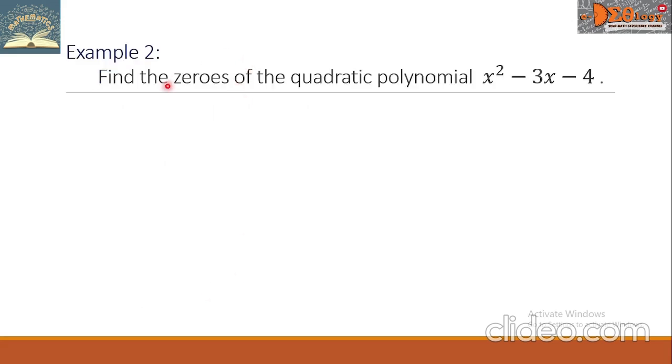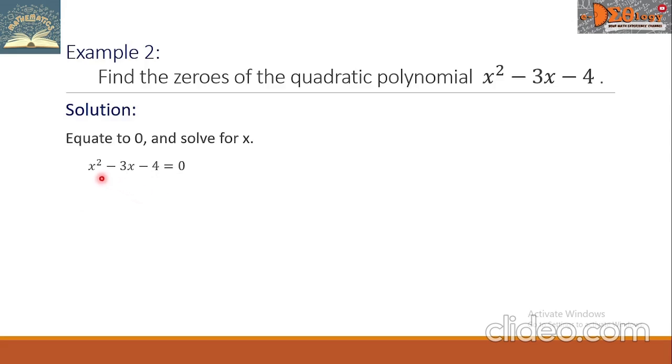Example 2. Find the zeros of the quadratic polynomial x squared minus 3x minus 4. Let us equate to 0 and solve for x. We write our polynomial down here, and then this is equal to 0. Next, let us solve for x. We can do this by factoring.